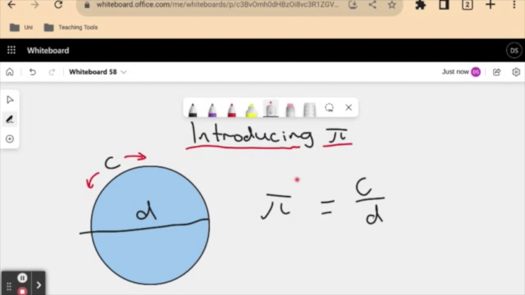Now, I'm going to give you a very brief look into estimating pi, as well as giving you a background as to how Archimedes, the ancient Greek mathematician, was able to come up with a more accurate value for this ratio here.